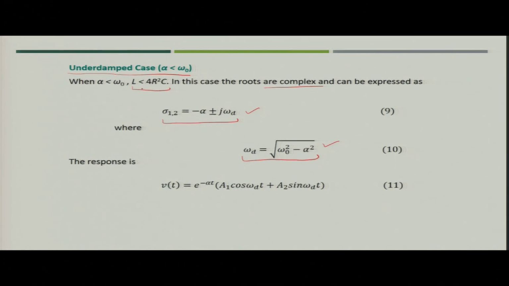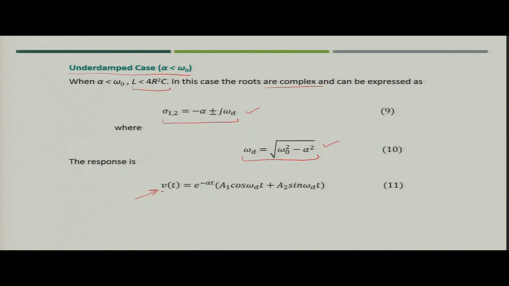So, that is why the case-wise condition relating L to R and C would be different in both cases, but finally the response would be similar to what we got in case of series RLC circuit.